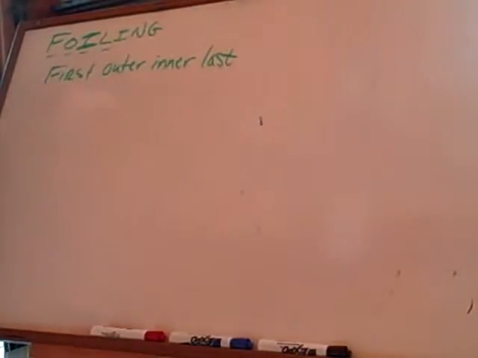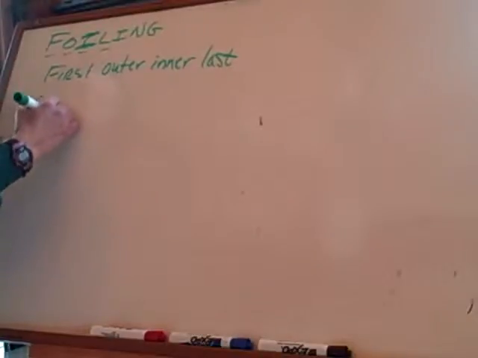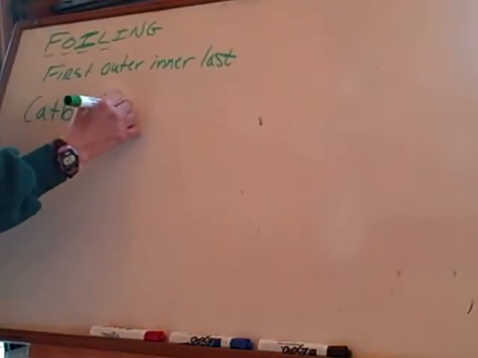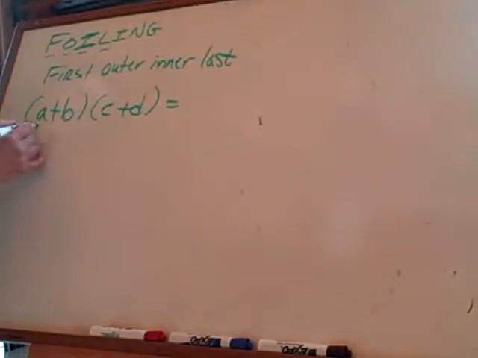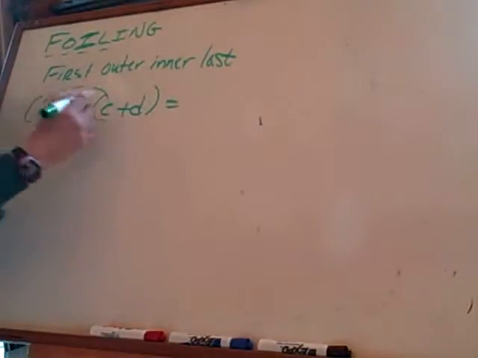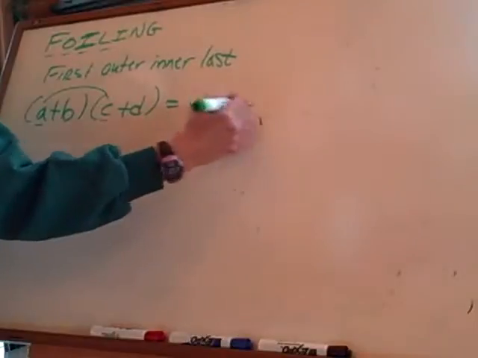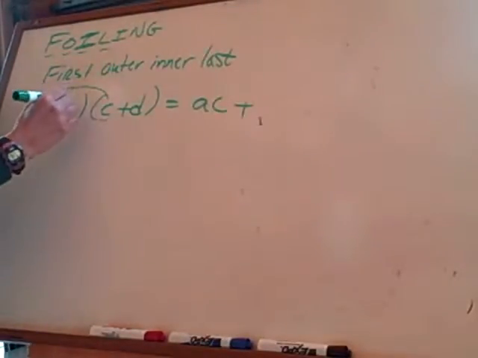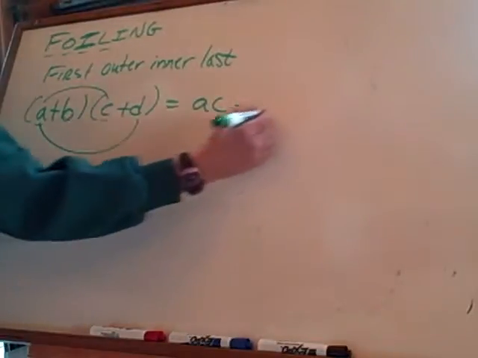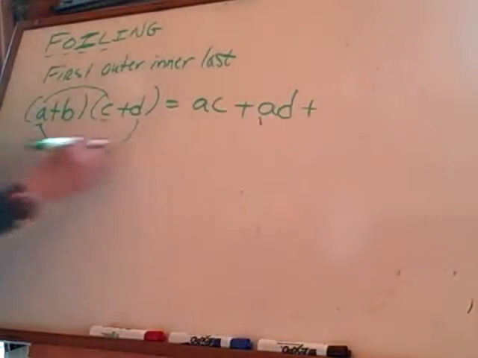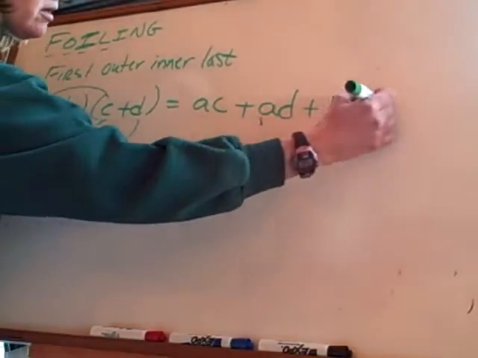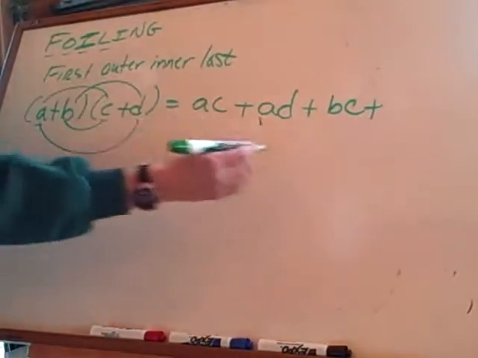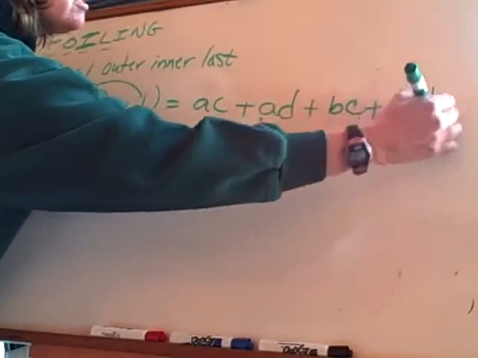You've done this before, but we're going to do a little example with A plus B times C plus D. First would be the first term in each of your binomials, so A times C, plus outer would be the outer ones, A and D, plus inner, BC, and then last would be B times D.